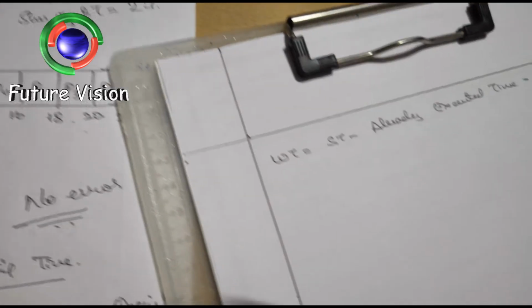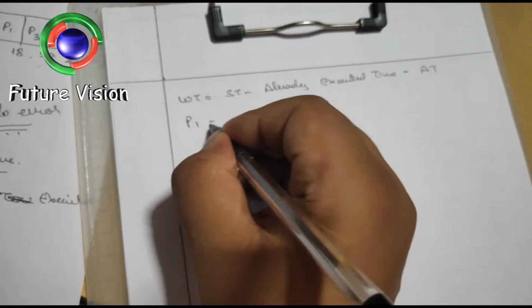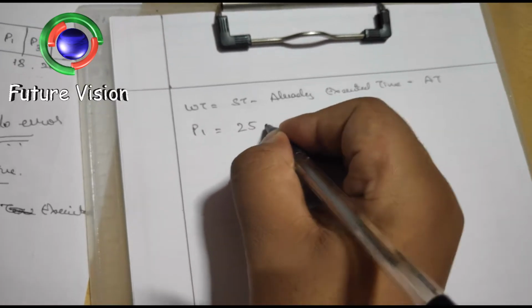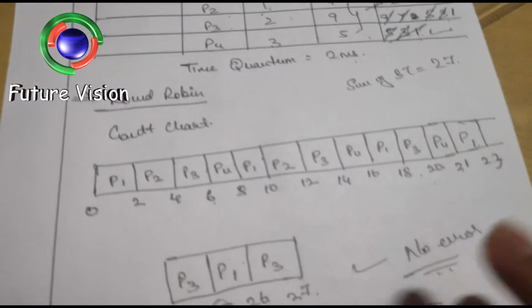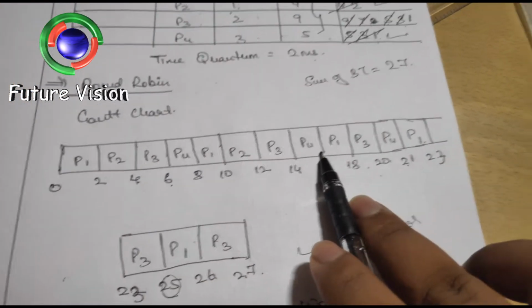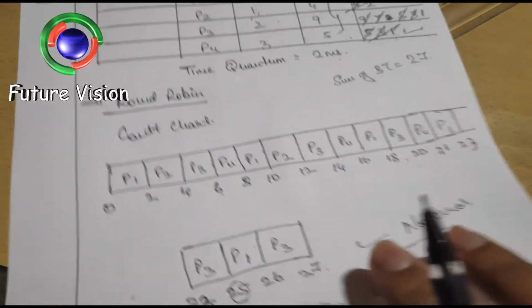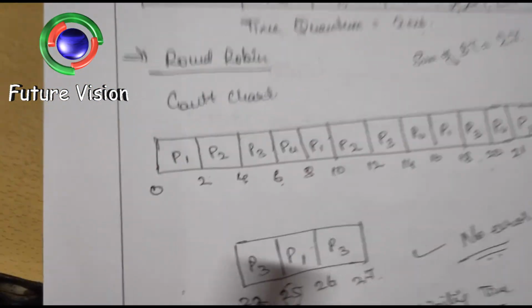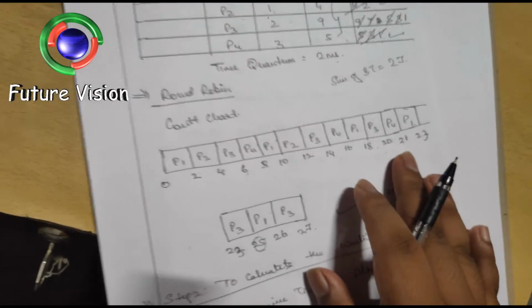I will consider the waiting time of P1 equals 25 minus the already executed time. So here you can see there are multiple execution times, right? First we have to see what all the multiple execution times are.